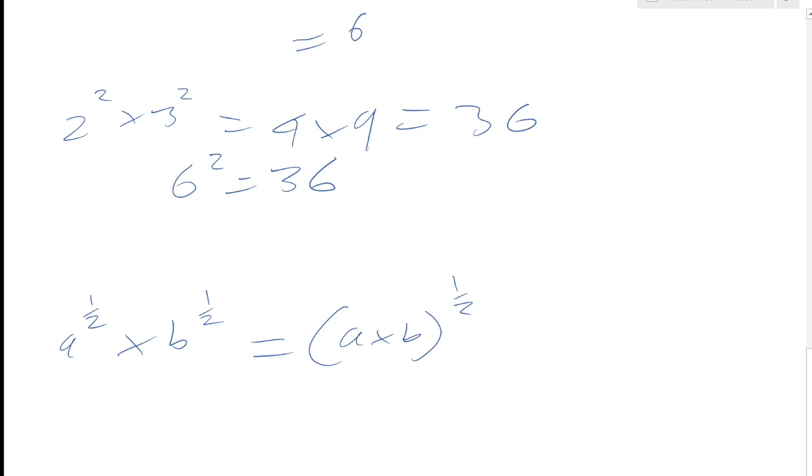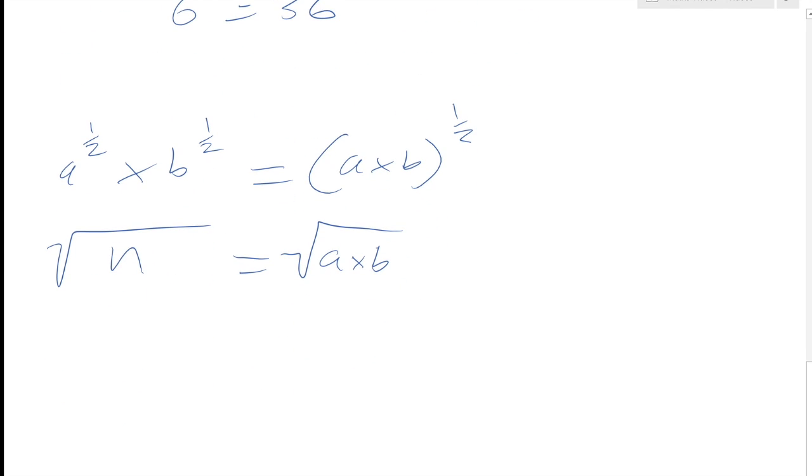To simplify a surd, we want to basically factor out that a to the half. So if we have root of some number n that equals root of a times b, so n equals a times b, and if we assume a is a square number, we can write square root of n equals the square root of a times the square root of b.